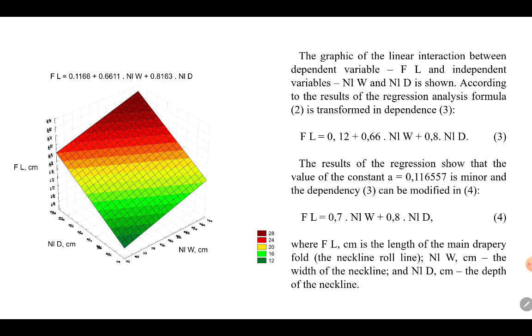In this slide you can see the graphic of the linear interaction between the dependent variable and the independent variables. According to the results of the regression analysis, Formula 2 is transformed into a dependency free of the constant.